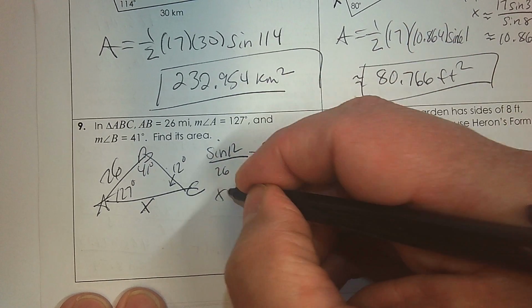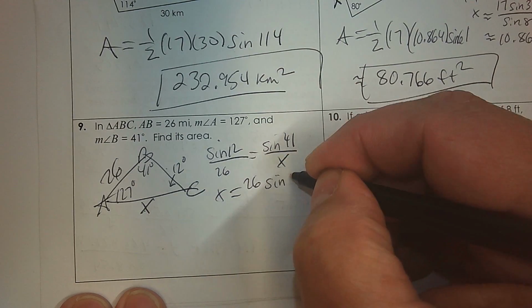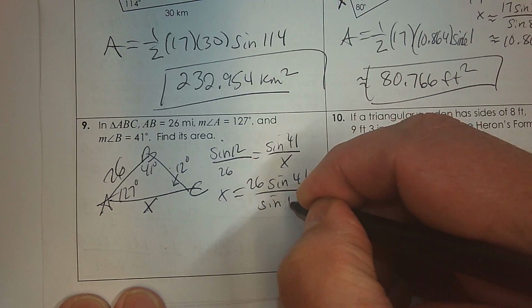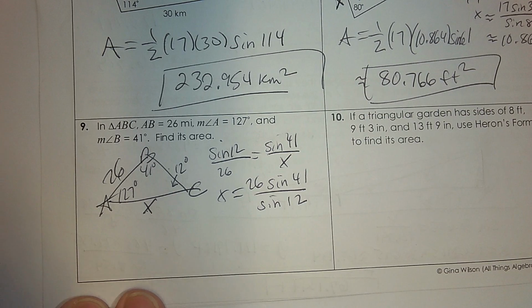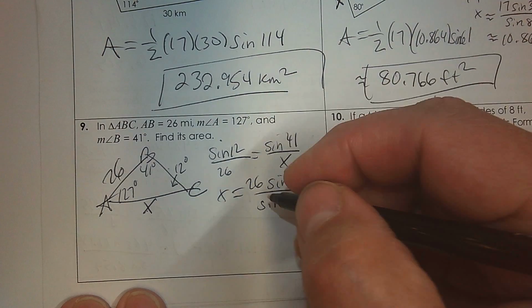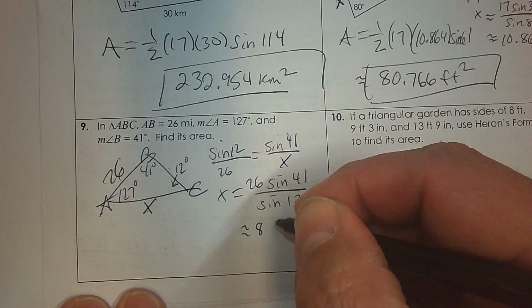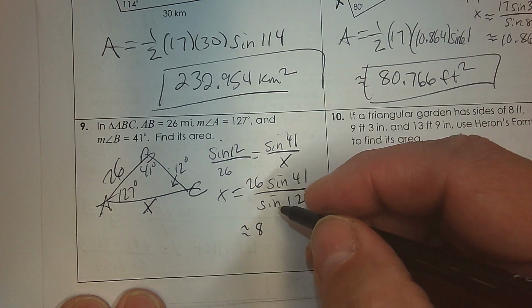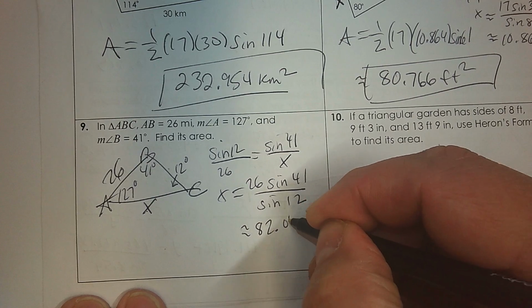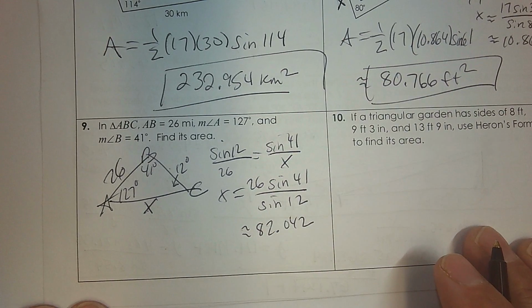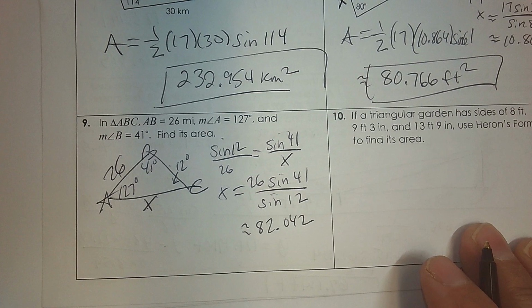So to get x by itself, 26 times sine 41 divided by sine 12. And I get about 82.042. So that's the missing side that I found.